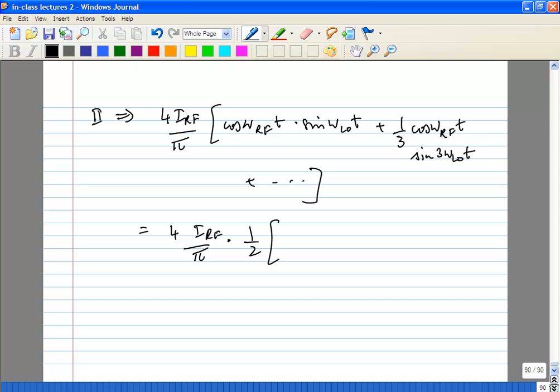So again, cos A sin B, you can write it in terms of the sum and difference terms.